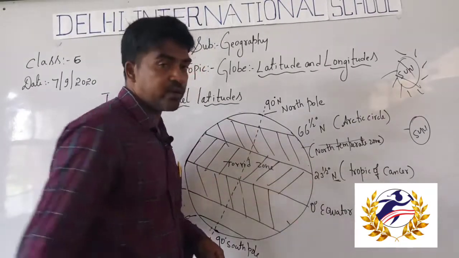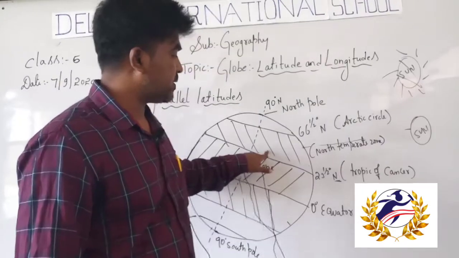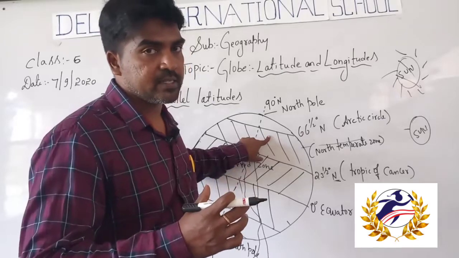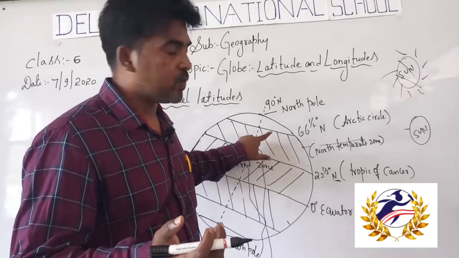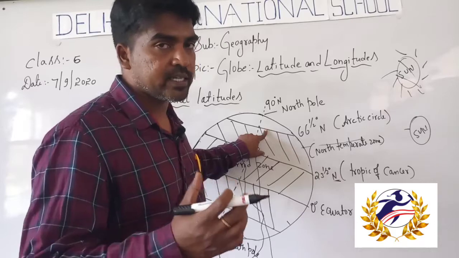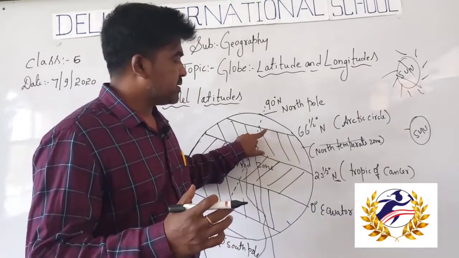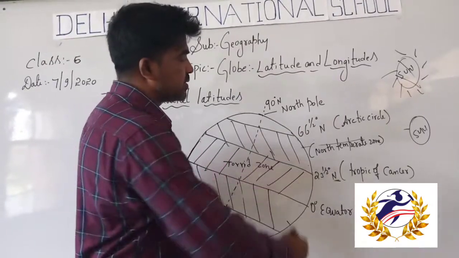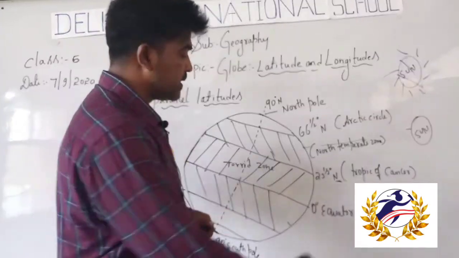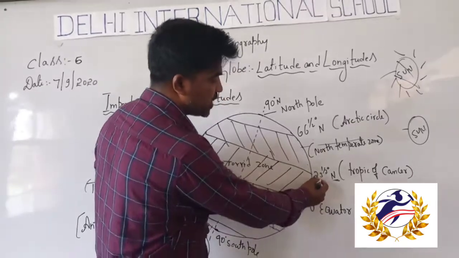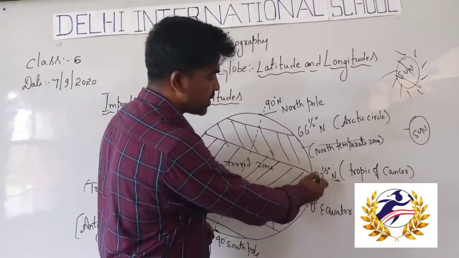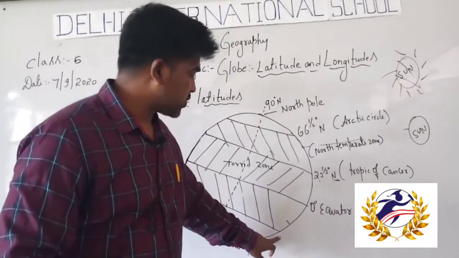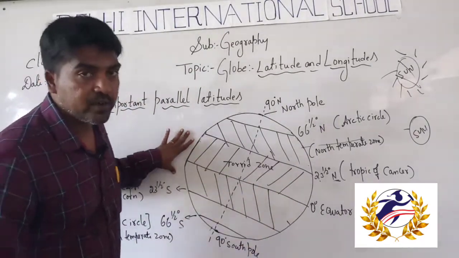Next, the temperate zone. North temperate zone here. This region of the earth does not receive direct sun rays throughout the year. Only in summer it receives direct sun rays, and in winter it does not. From the 0 degree equator to 23.5 degree north, the Tropic of Cancer, and from 0 degree to the Tropic of Capricorn is known as the torrid zone.